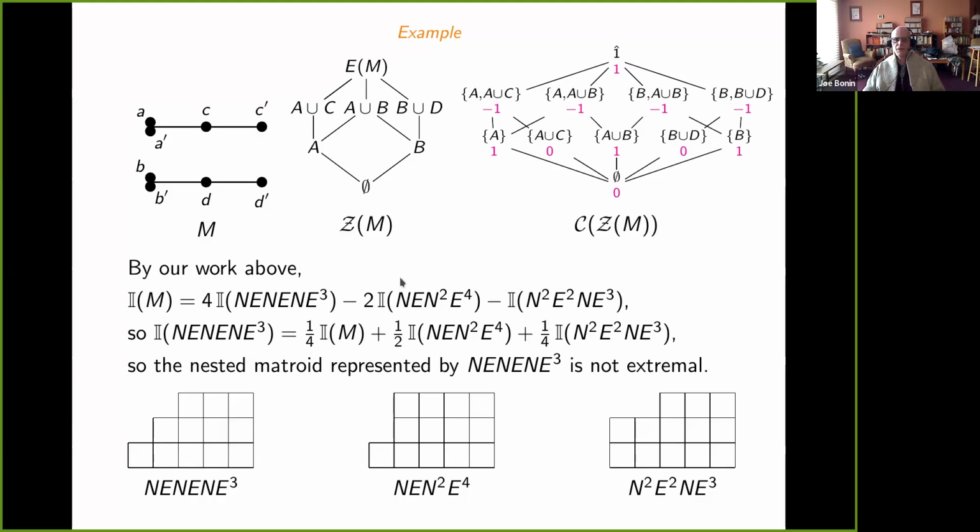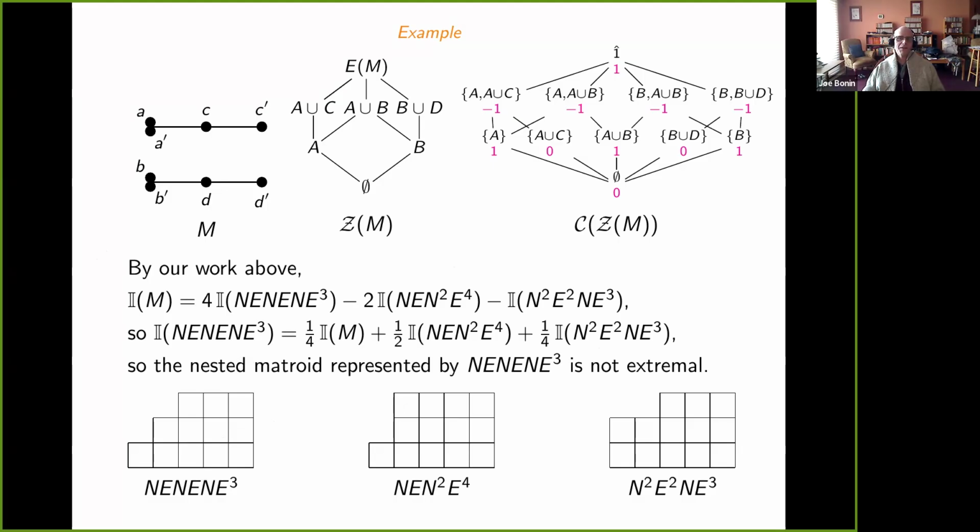So if you scoop the terms with negatives over to the other side and divide by 4, what you see is this nested matroid is an affine combination of these other 3 indicator functions. That tells you this guy is not a vertex. It's not a vertex of the polytope.